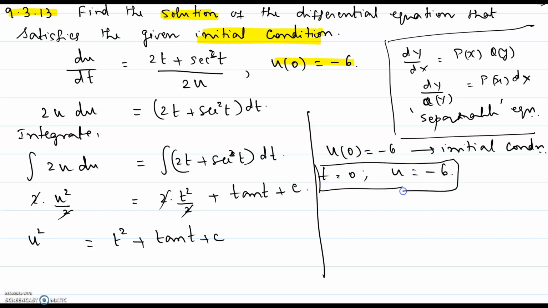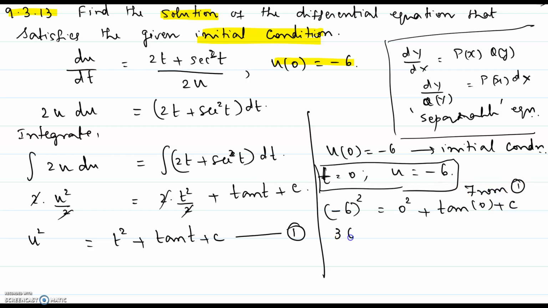So we are going to plug in t equal to 0 and u equal to negative 6 into equation 1. So we get negative 6 square equal to 0 square plus tan of 0 plus c. This is from 1. So we get 36 equal to c. We got the constant c.